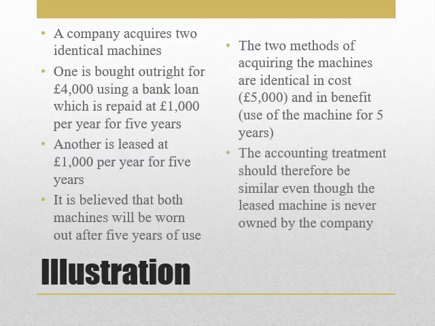So the accounting treatment of both should be similar, even though that leased machine is never going to be owned by the company. This idea of treating similar transactions in a similar way is known as substance over form.